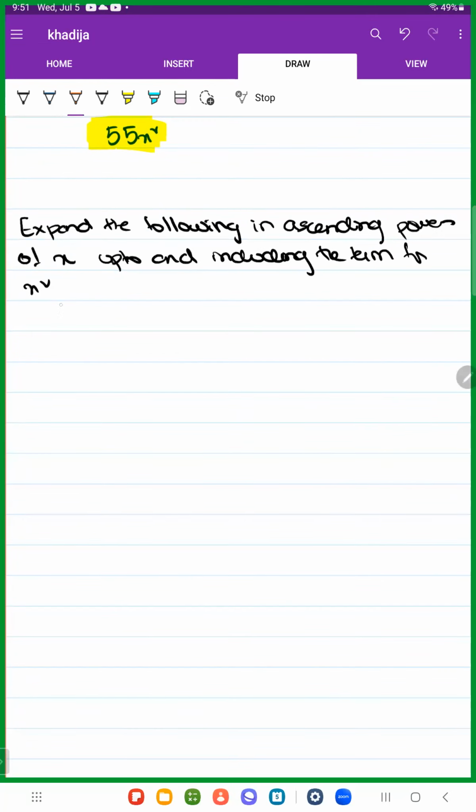So A is (1 plus 3x) to the power 6 and B is (1 minus 4x) to the power 6.